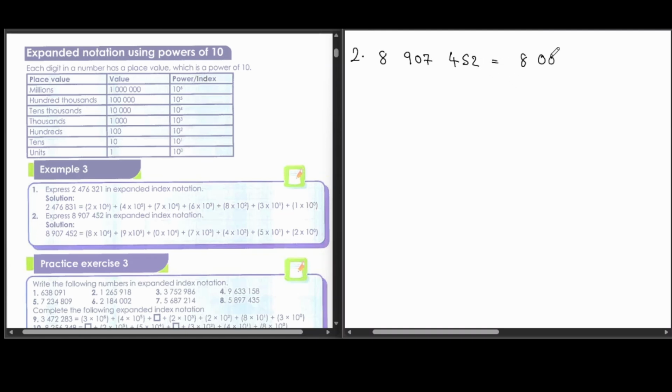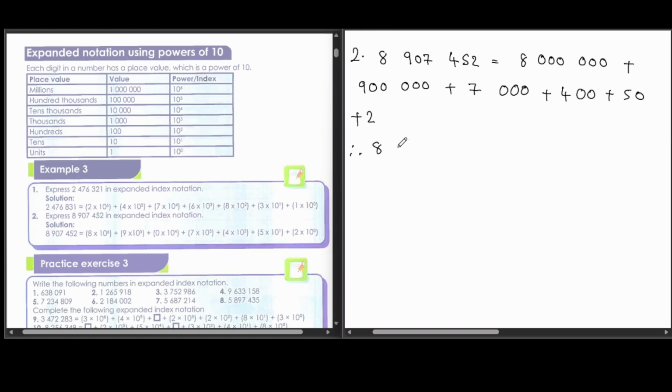We start by writing in expanded notation: 8 with zeros, plus 9 with zeros, plus 7 with zeros, plus 4 with zeros, plus 5 with zeros, plus 2.